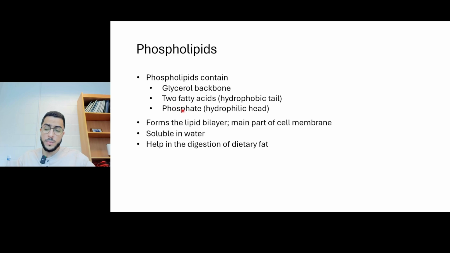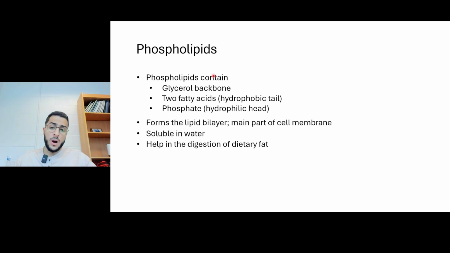Now this phosphate group is usually bound to an amino acid like serine, which would make phosphatidyl serine, or a choline, which would make phosphatidyl choline. And these are just different types of phospholipids. The two fatty acid chains are the hydrophobic tail. The phosphate group bound to an amino acid is a hydrophilic head.